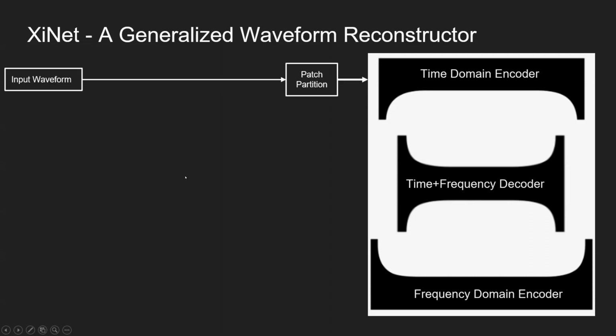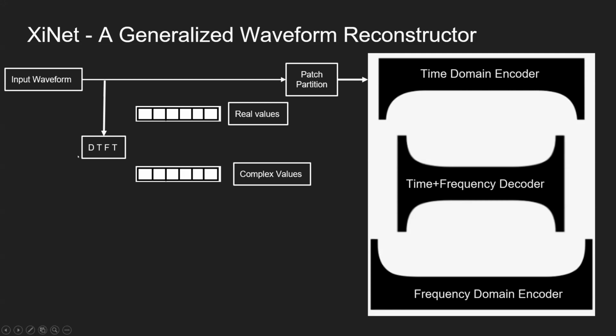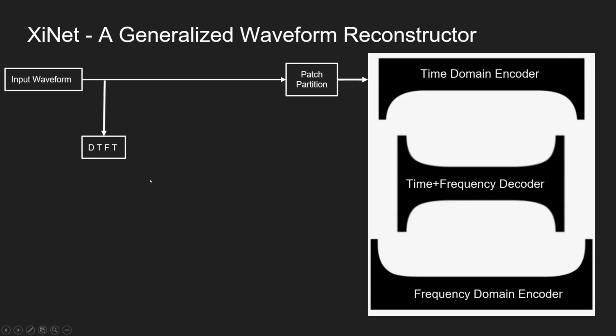So the entire thing works like this: the input time domain waveform is directly fed through patch partition to the time domain encoder. For the frequency domain encoder, we need to take a detour, and for that we first process that time domain data using DTFT, which is basically discrete time Fourier transform, and the real values are then converted to complex values.